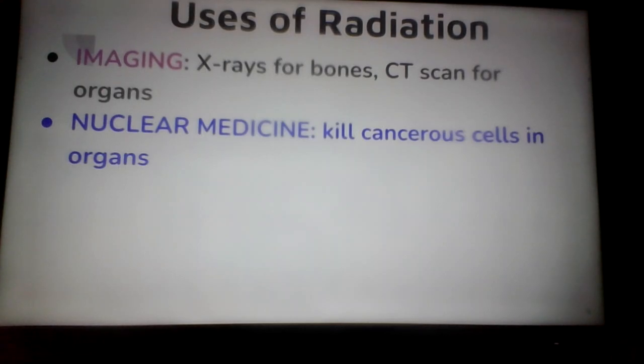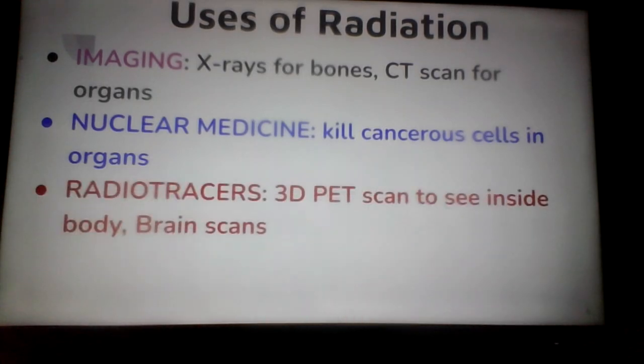Cells that turn into cancer and then reproduce, that is very dangerous, and so certain types of radiation, such as gamma rays, can be concentrated on very, very small areas to try to kill those cancerous cells in the organs and try to help cure people from cancer or at least prolong life.